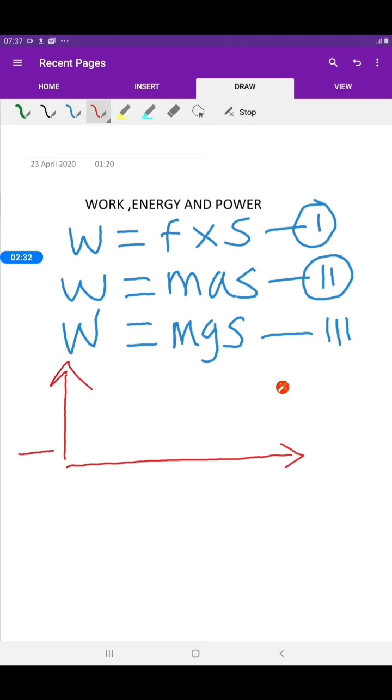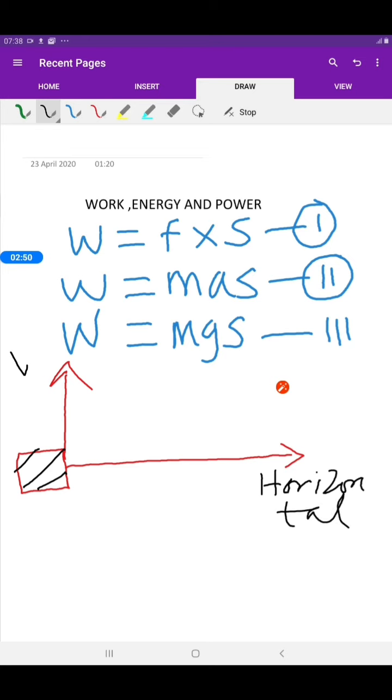Now let's assume that we have a box here, and this box is to be pushed horizontally. So we have the horizontal direction, horizontal component, then we have the vertical direction as well.